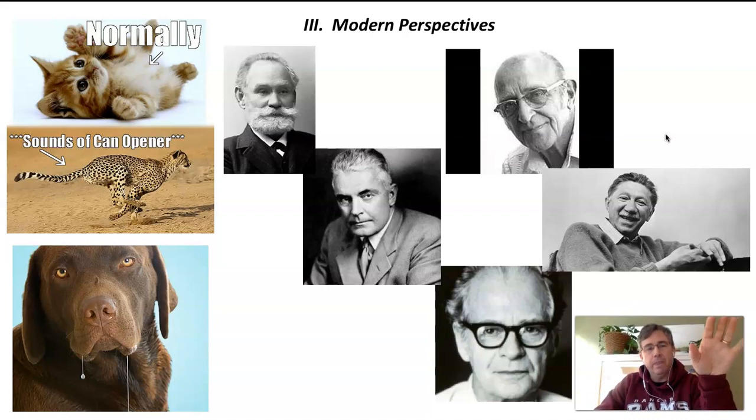And so I have a picture of a meme of a cat, a little kitten rolling around. If any of you have an electric can opener and you've ever used it to open a can of cat food, the cat figures out that the sound of the can opener equals I'm getting something to eat, and you can definitely see a change in the behavior of the cat, right?